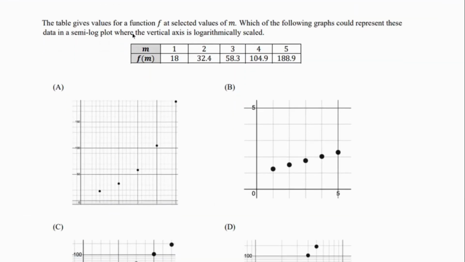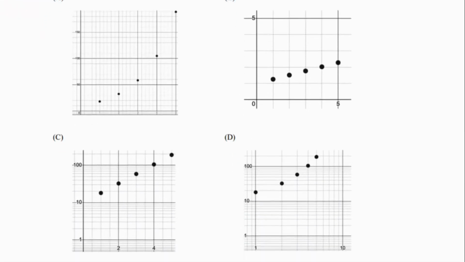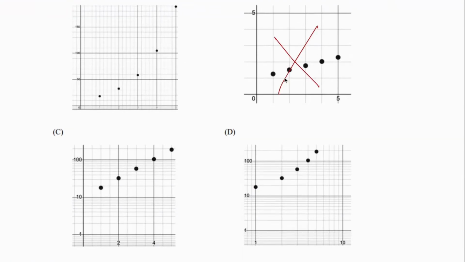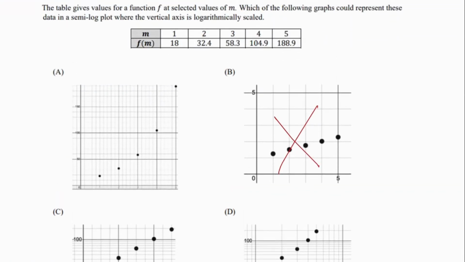The table gives values for the function f at selected values of m. Which of the following graphs could represent these data in a semi-log plot where the vertical axis is logarithmically scaled? Well, I only want the semi-log plots, so that cancels you, doesn't it? Now, these appear to be exponential because they almost kind of double every single time.